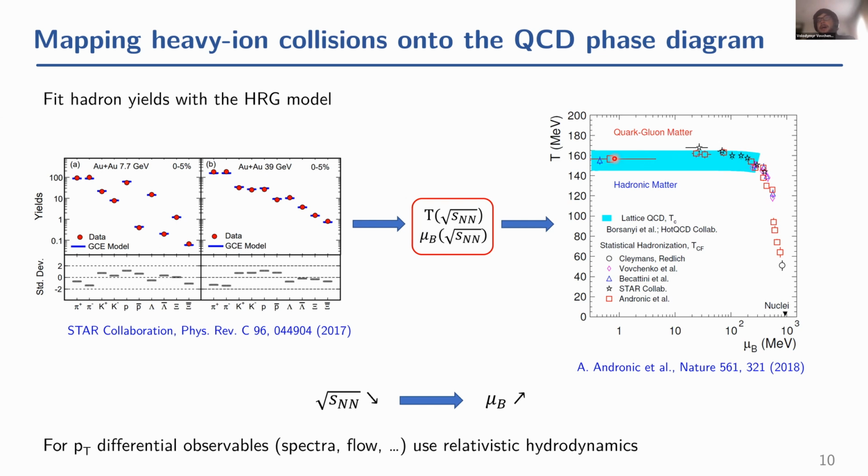And so if this holds true also at lower energies, then you can use heavy ion collisions to study the QCD transition at higher baryon densities or higher μB values, and therefore approach this question of the nature of the transition at higher μB values, which lattice QCD cannot answer due to the sign problem.